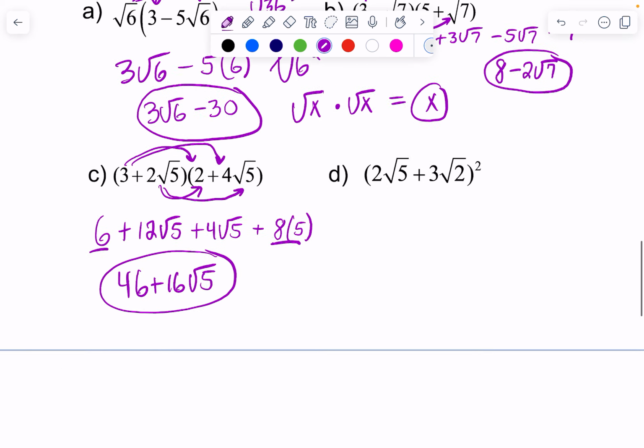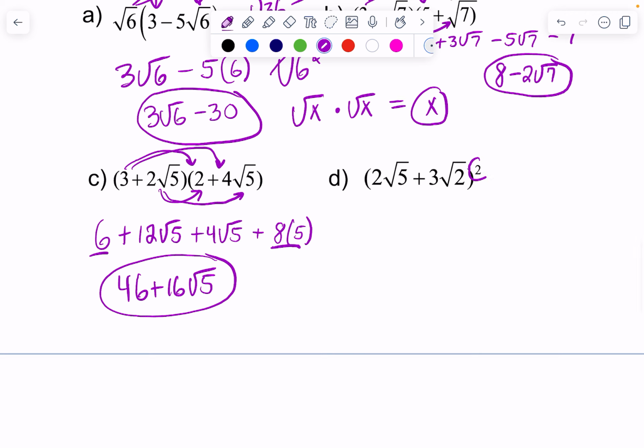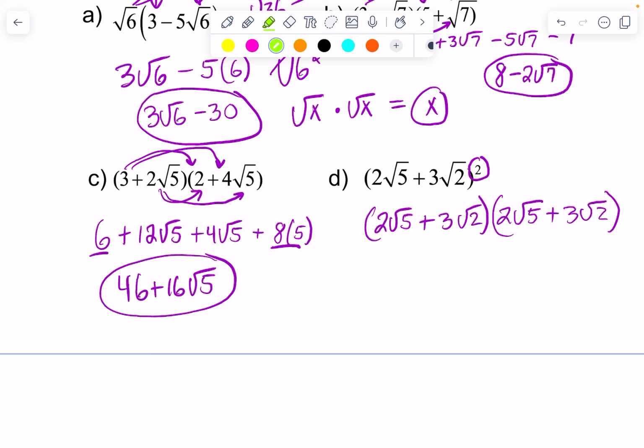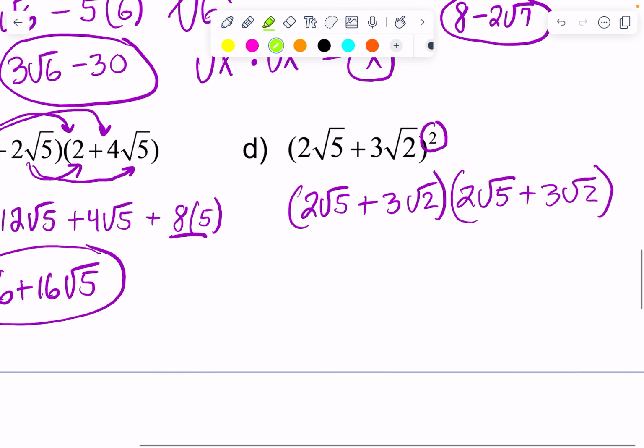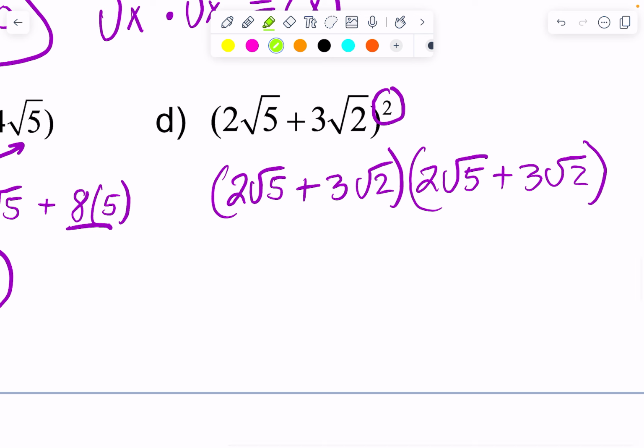And last but not least, please remember that that power of 2 means that I am multiplying 2 square root of 5 plus 3 square root of 2 times itself twice. Now we could go the long way, or we can use the square binomial theorem that we know. First term squared.